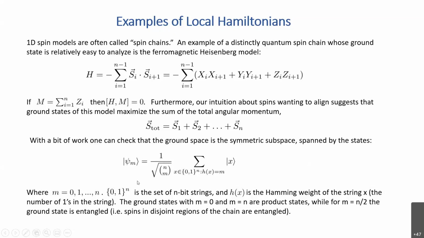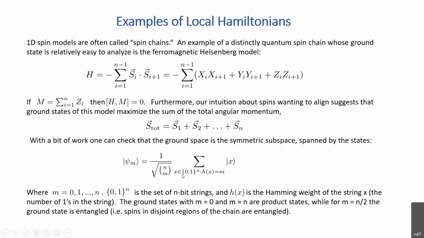So let me explain this notation. This index m ranges from 0 up to n. And for each m, ignore the normalization, we have the sum over n-bit strings. So x is an n-bit string, but we're summing over qubit states described by those strings, such that the Hamming weight of x is some specific value m.